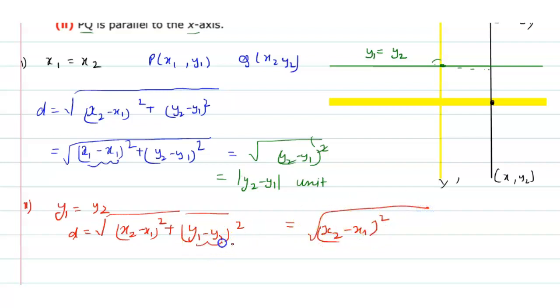This part is 0, and this is equal to x2 minus x1 units.